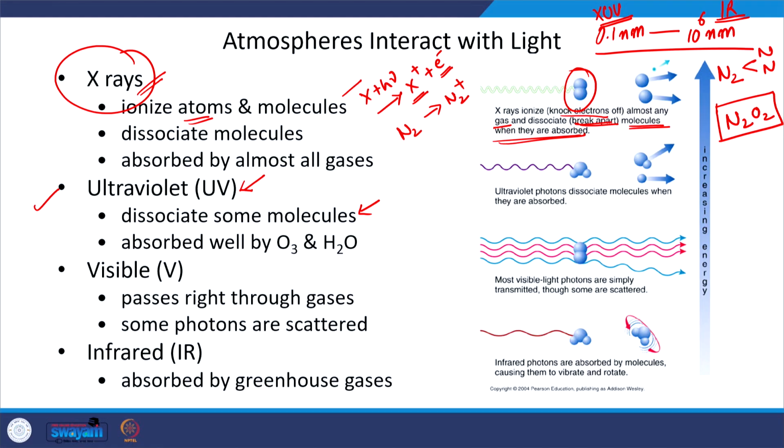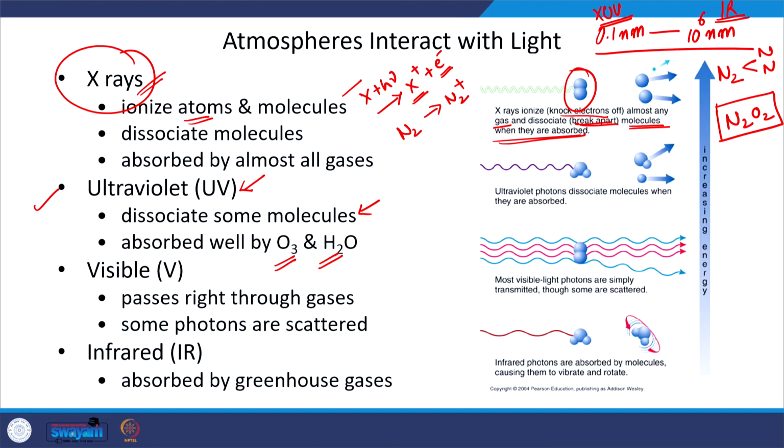The ultraviolet radiation is very well absorbed by ozone and water vapor. We know ozone is there, not so much, but in the stratosphere. So what happens is, the ozone molecule, due to the presence of molecular energy bands which match very well with the wavelength of the ultraviolet radiation, can absorb the UV radiation.